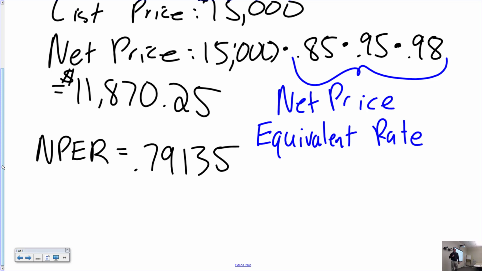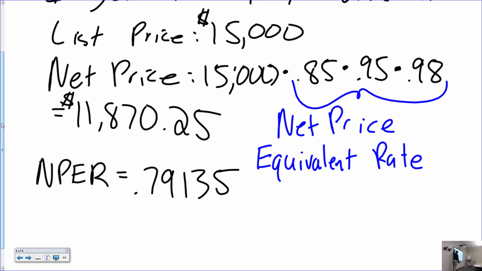The idea, folks, is that if you take this one number and multiply by 15,000, it gets you to the net price. Okay? And that's why they call it the net price equivalent rate. It's the number you use on the list price to give you the net price.